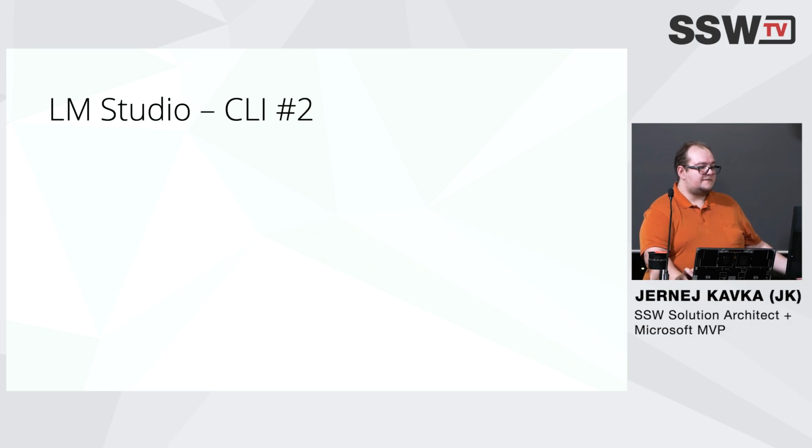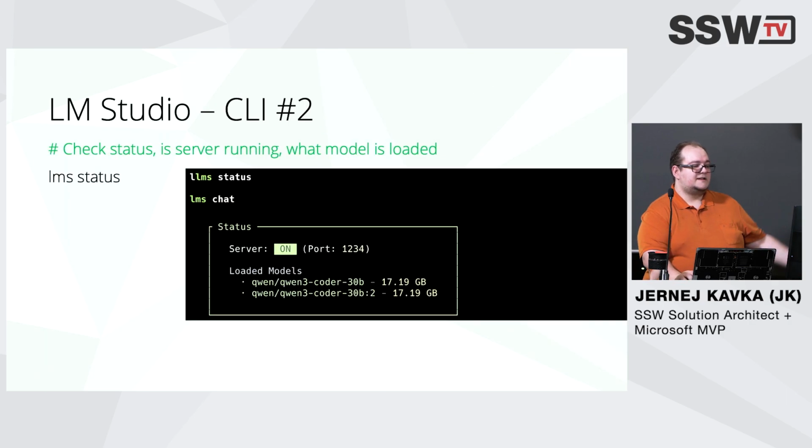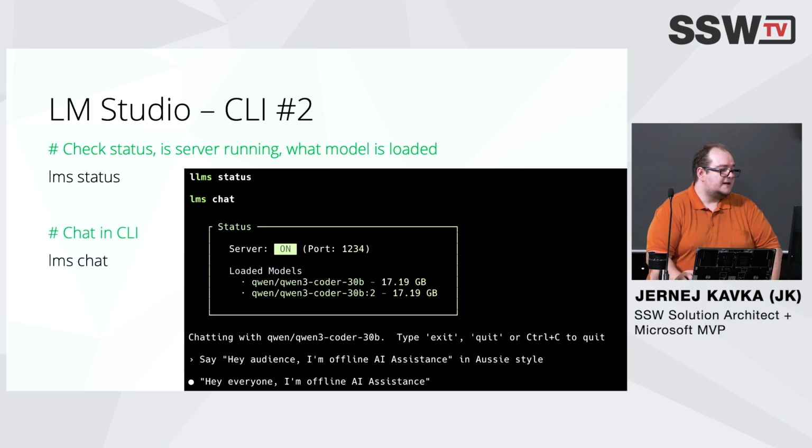And there's a couple of other ones that you might be interested in. It's lms status, that gives you whether the server is on or off and which ones are loaded. And then lms chat, if you want to, for some reason, chat with your AI through terminal, you can do that. You can prompt it directly from terminal.